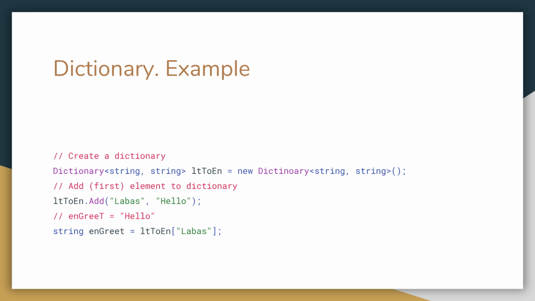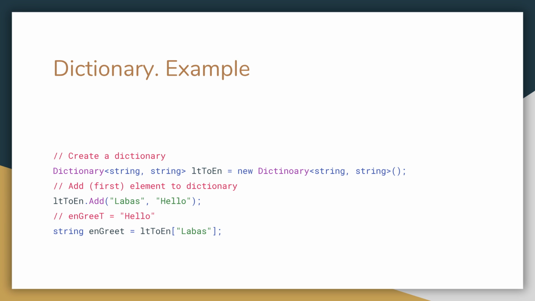We add our translation just like in list through the add method. We get the translation just like we would get the first element of an array or a list. We get an element from a dictionary using a key.